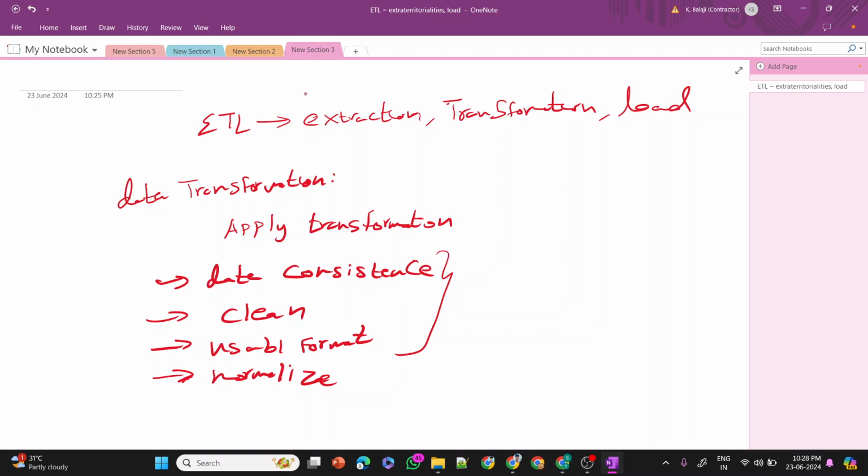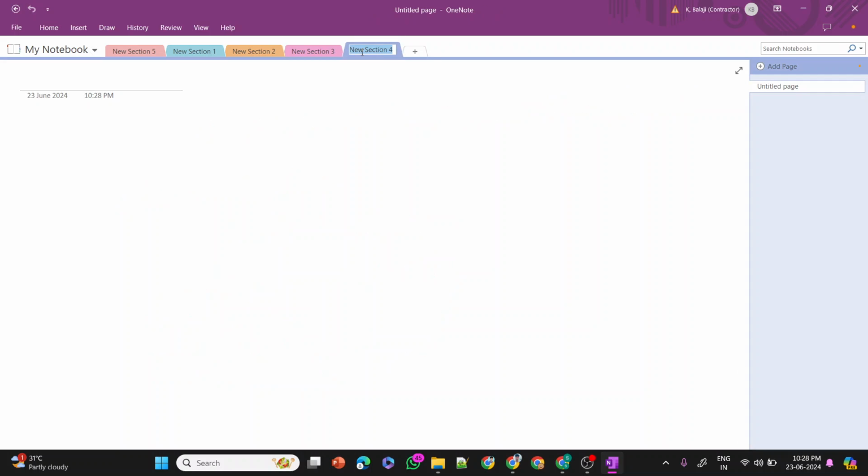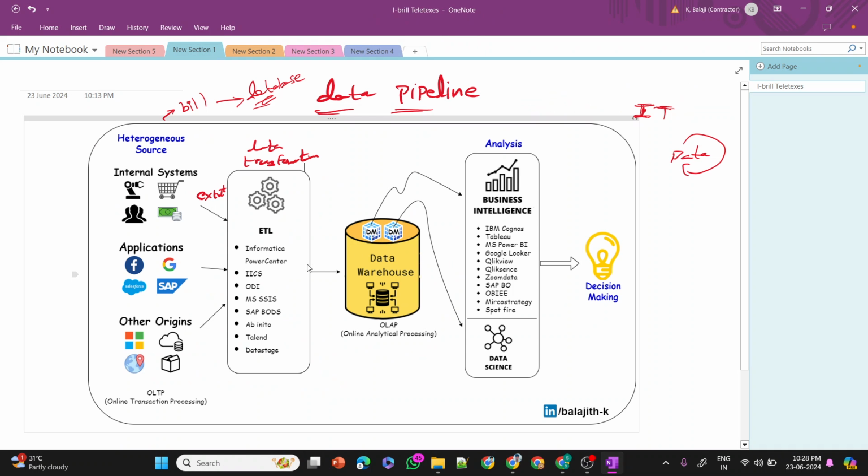After doing the data processing, we store the data in a data warehouse, or it can be a database.